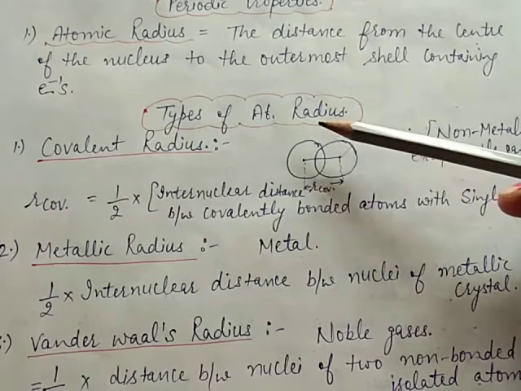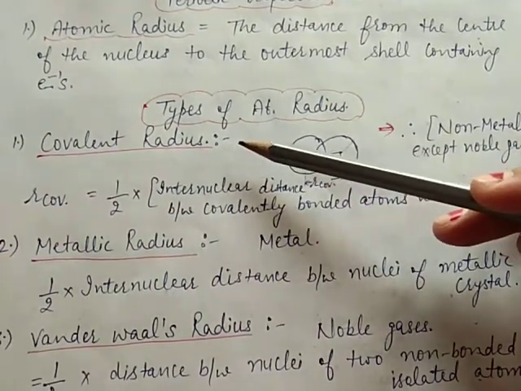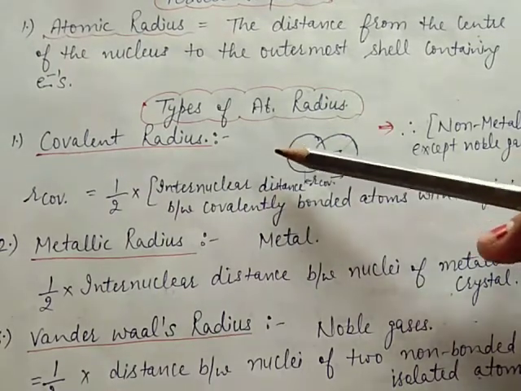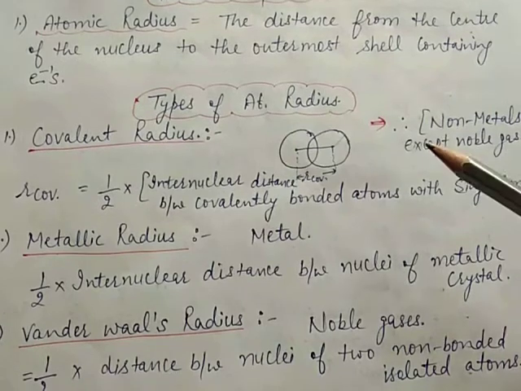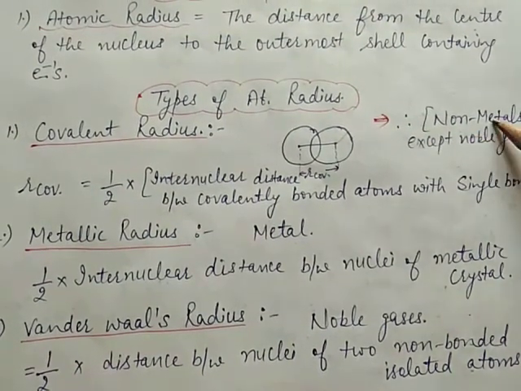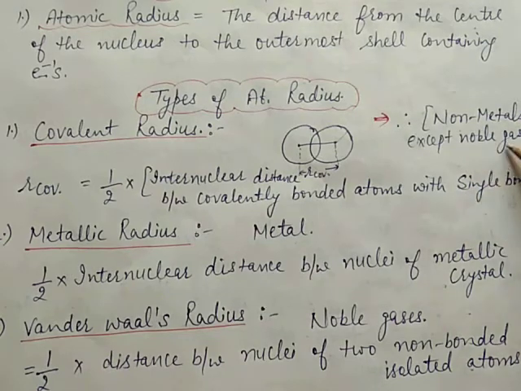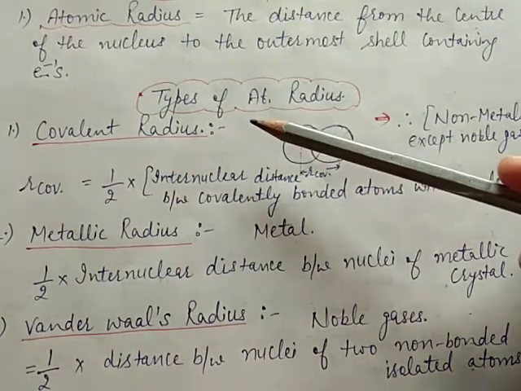Next is types of atomic radius. First is covalent radius. In this radius, if the combining atoms are non-metals except noble gases, their radius is called covalent radius.